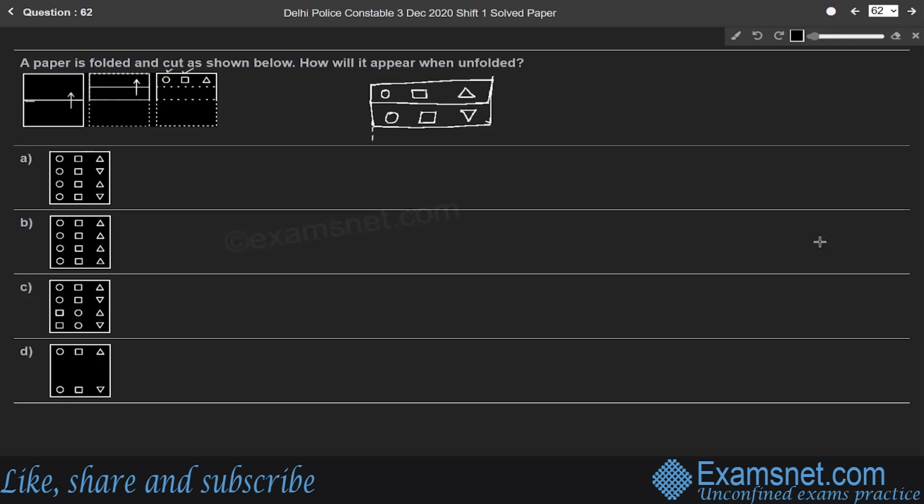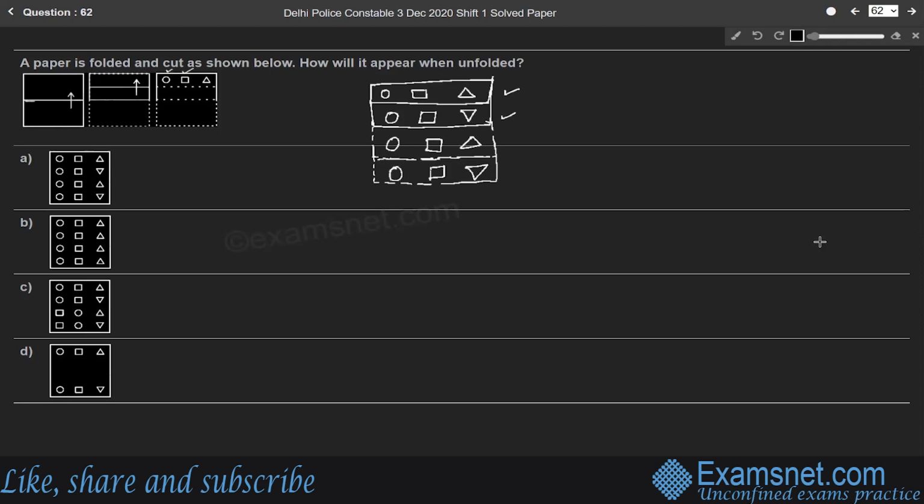So when it is fully unfolded, the second bottom part looks exactly like the first upper part. That means first an upright triangle and a square and a circle, and the next part is an inverted triangle and a square and a circle, right?